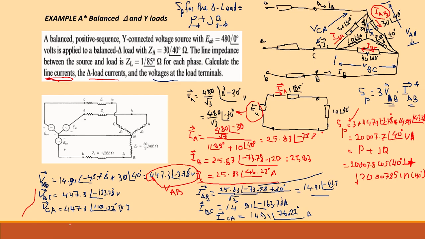This is the active power P, and this is the reactive power Q of the delta connected load.